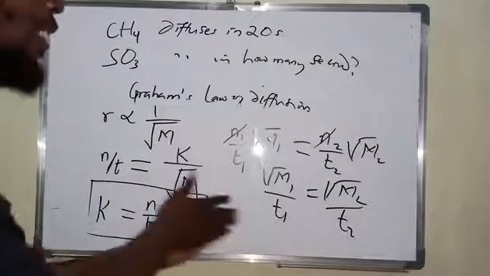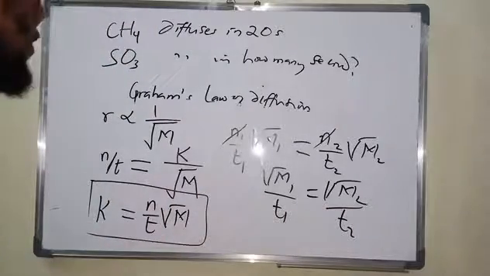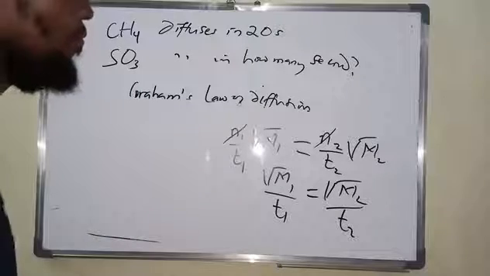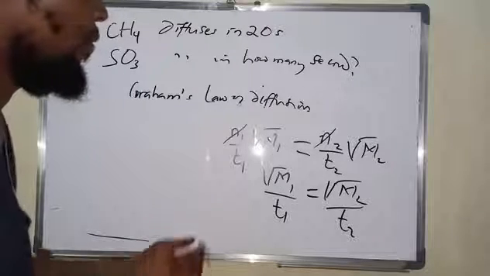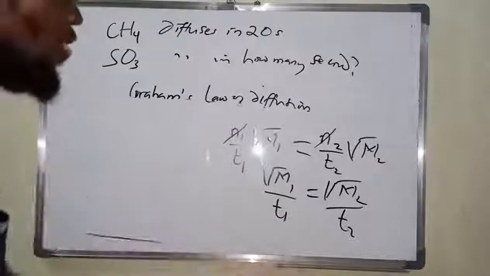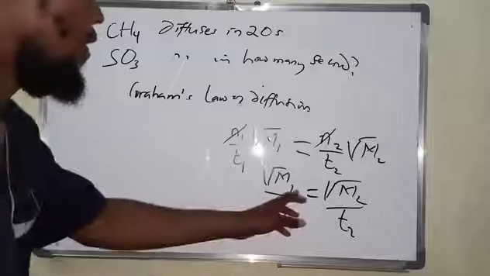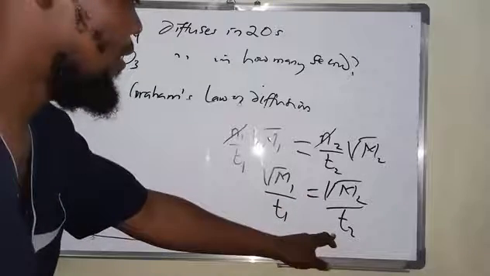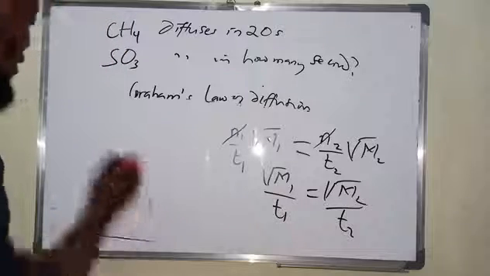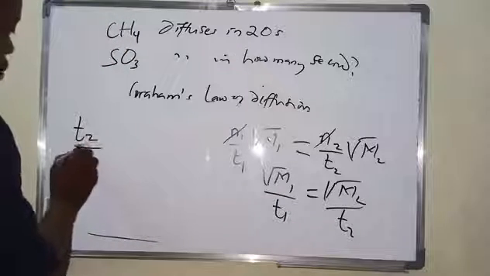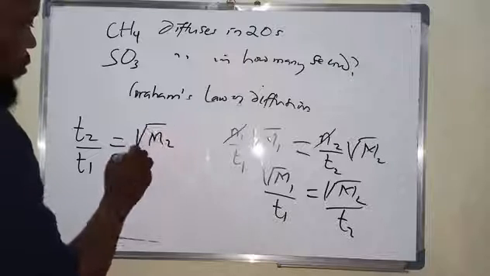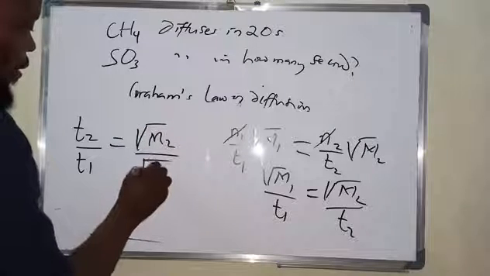I want to combine the T on one side and the M on the other side. How do I do that? I multiply both sides by T2 and divide both sides by M1, so that I have T2 over T1 equals M2 over M1.